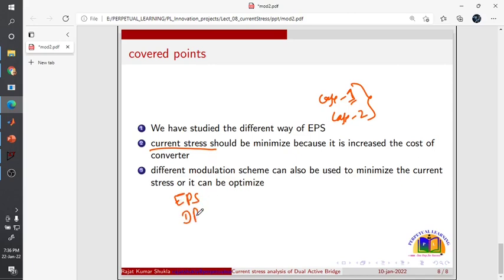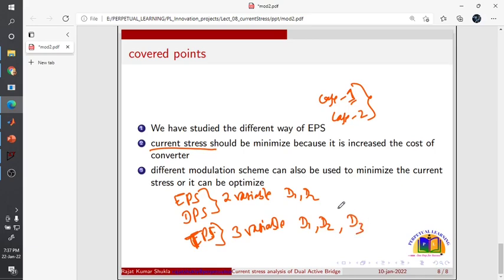You can use the double phase shift or extended phase shift modulation technique, where there are only two control variables, D1 and D2. But in the triple phase shift modulation technique, there are three degrees of freedom: D1, D2, and D3. So this depends on you.